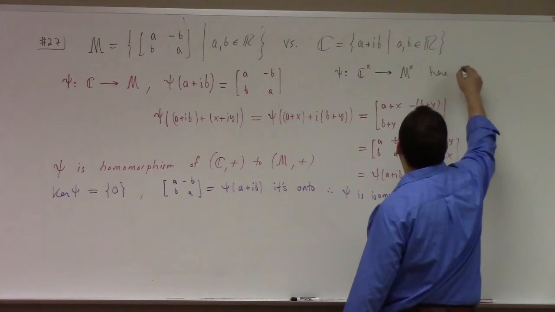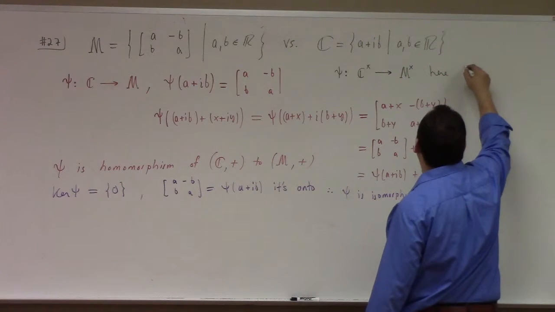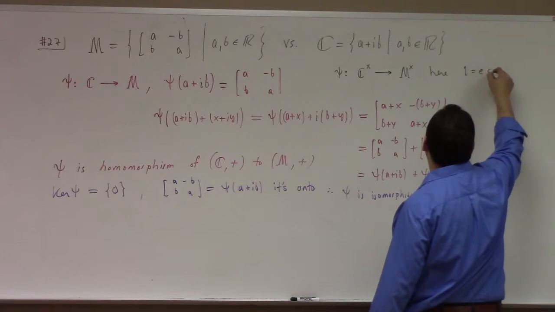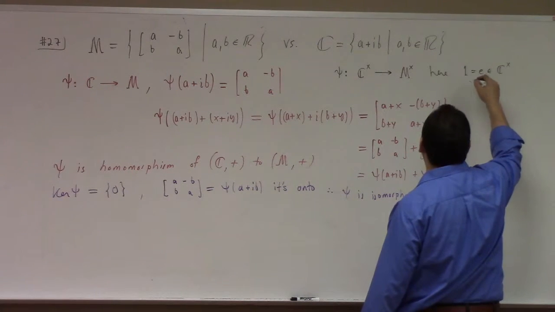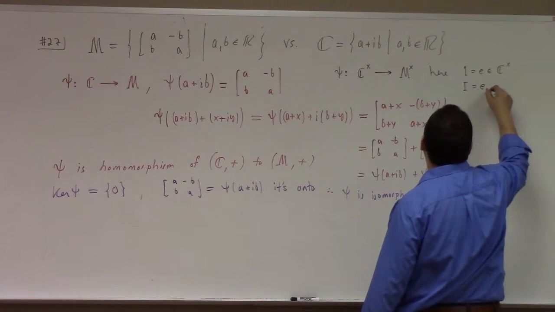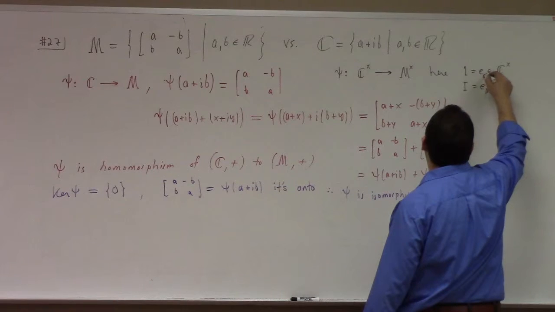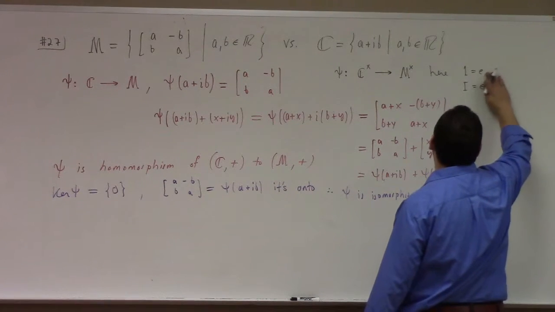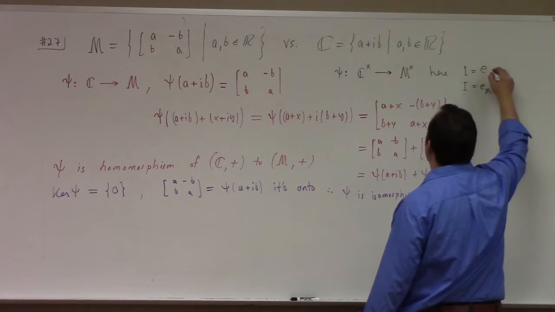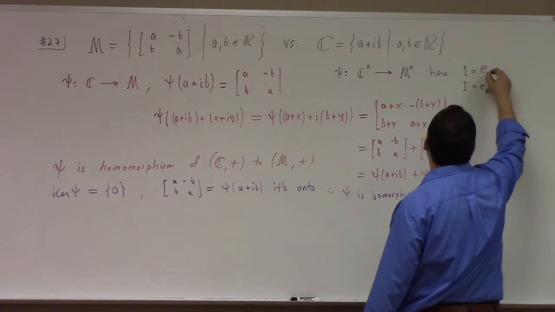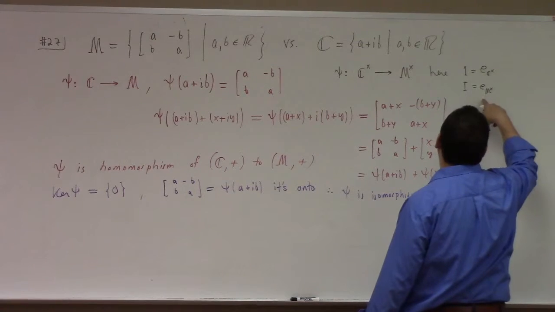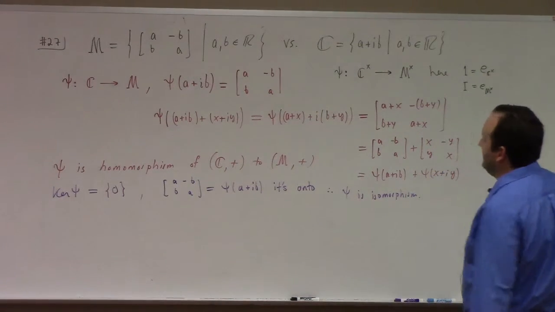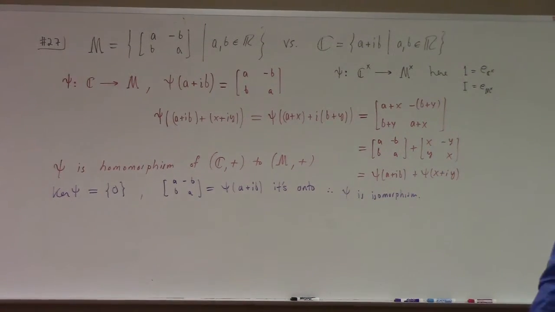Here, the identity 1 is equal to e in the nonzero complex numbers, and the identity matrix is the multiplicative identity in that matrix group. This is my notation, my stupid notation.